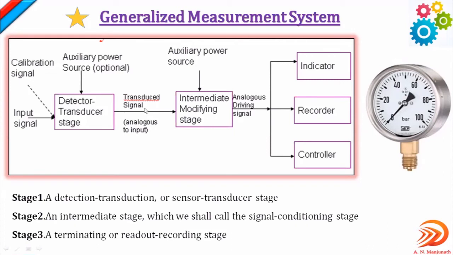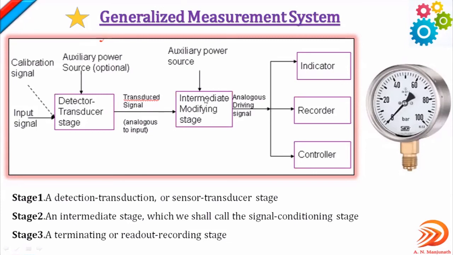Whatever signal it receives from the first stage needs to be conditioned, like hair conditioner, which is applied once the hair has been modified. Similarly, this is required in order to enhance the strength of the signal. The input for the intermediate modifying stage is the output of the first stage.